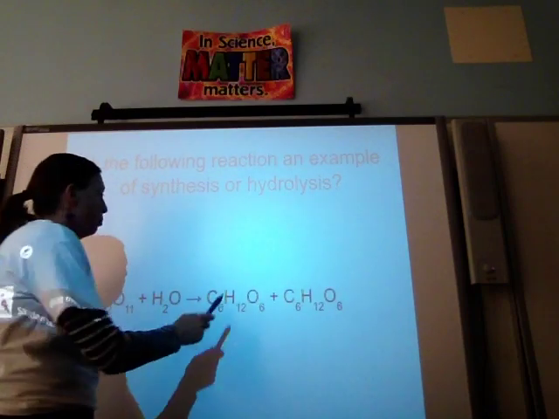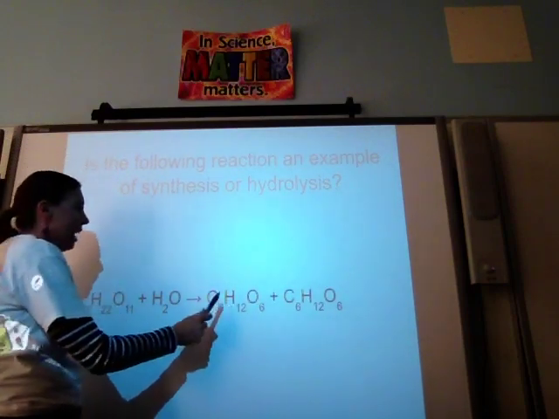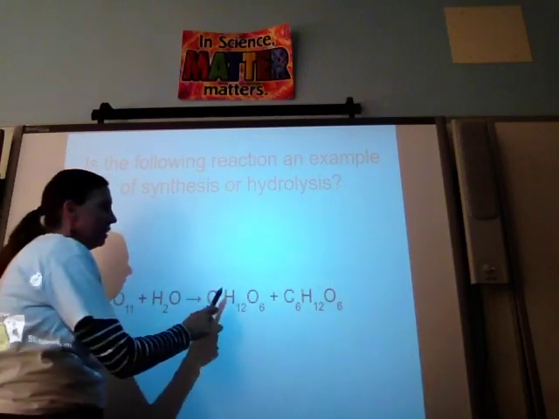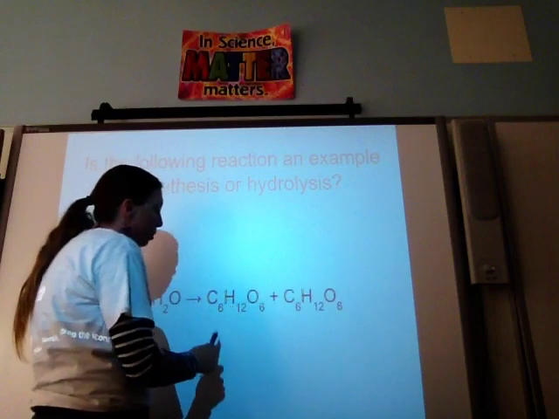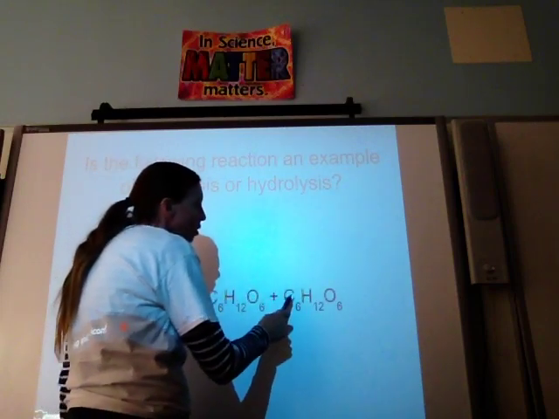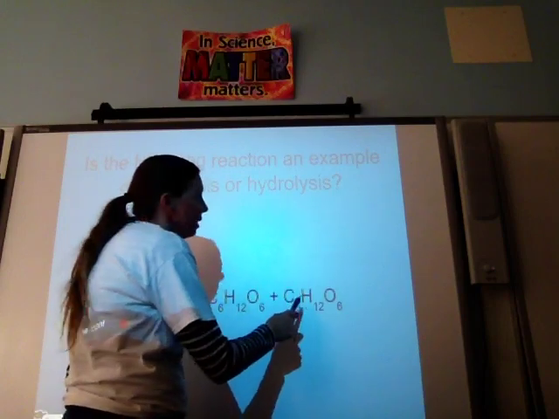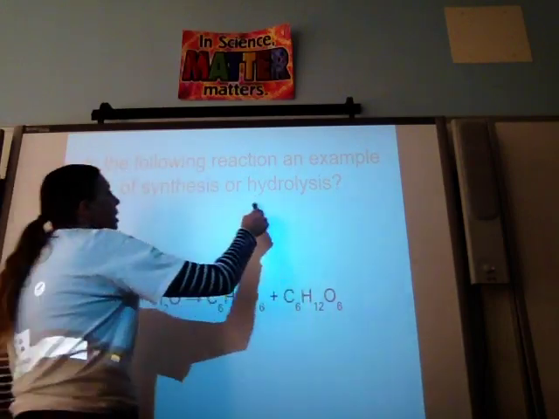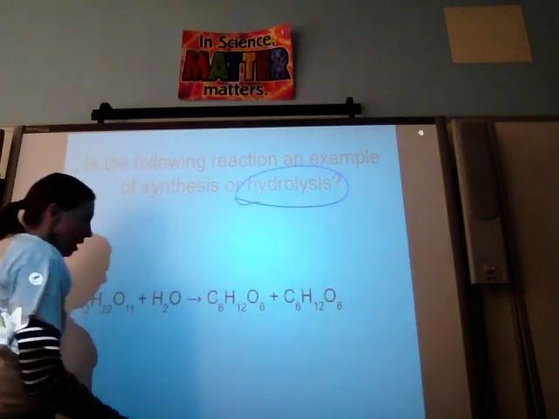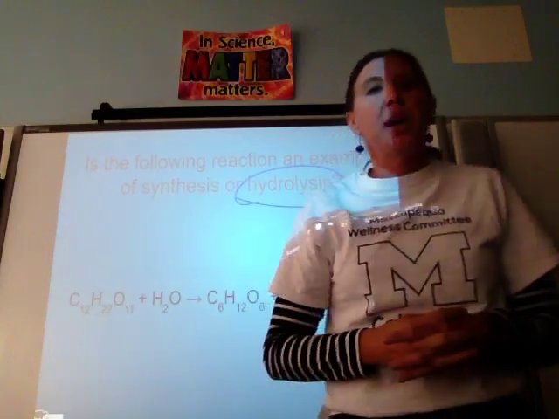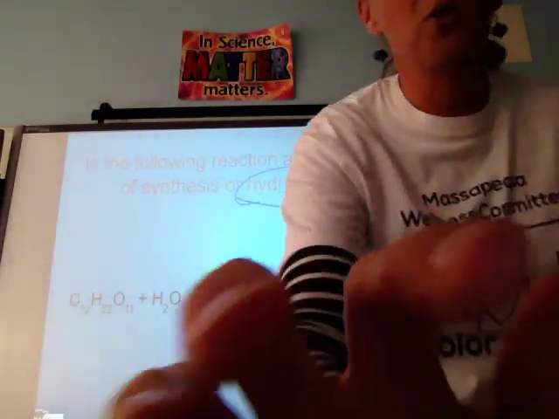Let's just make sure it's breaking down into smaller parts, and it is. C12 is more, this is less, so it breaks into simpler: C6, H12, O6, plus another smaller one, C6, H12, O6. So this reaction is hydrolysis. That is what you need to know about carbohydrates.